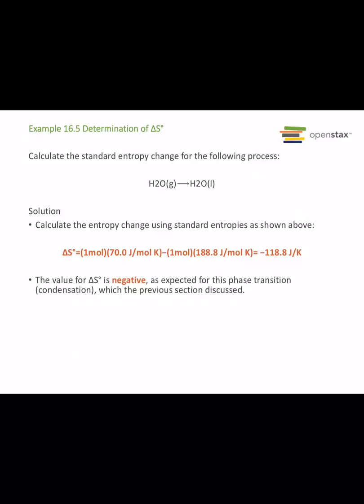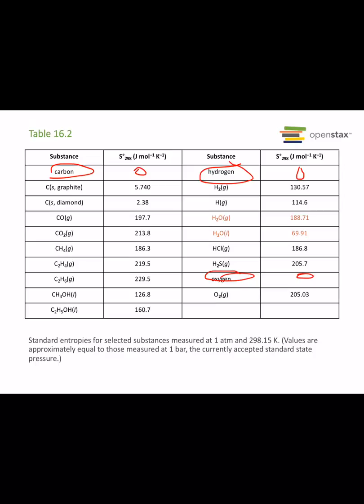And so we know that we're going to have to go back to this chart and look at the entropy values of H2O gas and H2O liquid. If you look in the red on the right, those are the values of our gas and liquid phases, right? So 188.71 and 69.91.